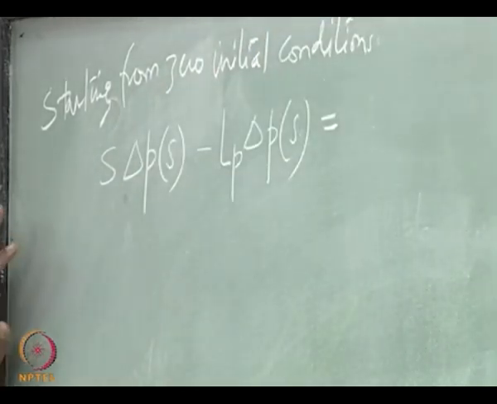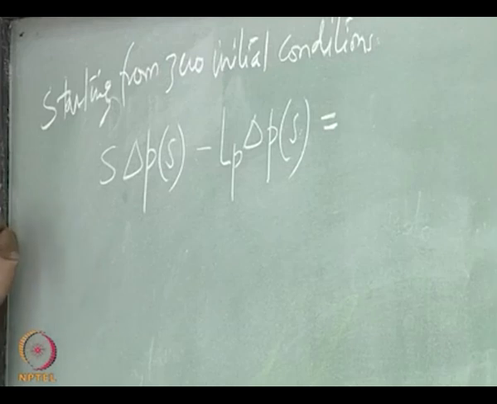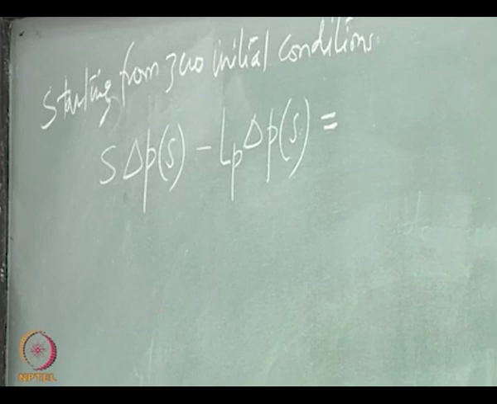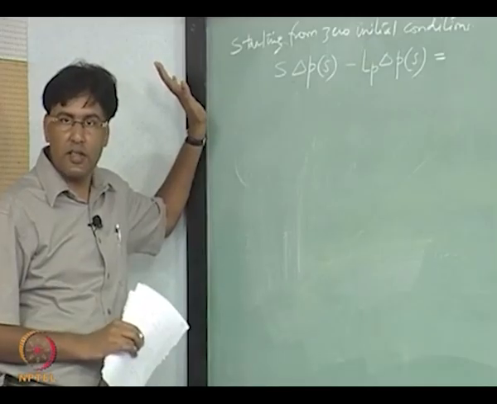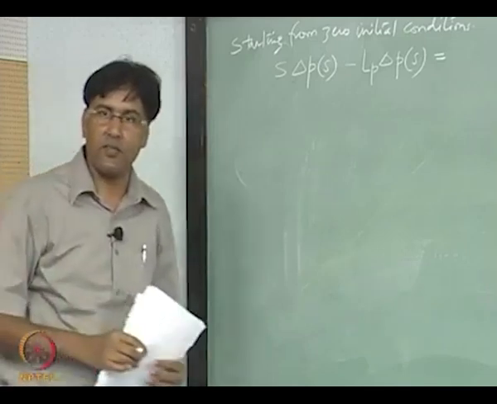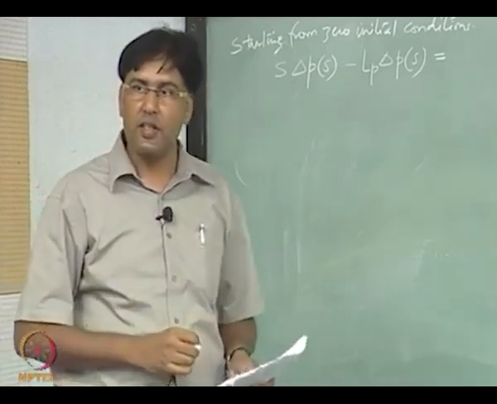In our case, we are looking at roll dynamics starting from a level cruise condition, right. So p is 0 there and delta p is definitely 0, right. Delta p is the disturbance in p.